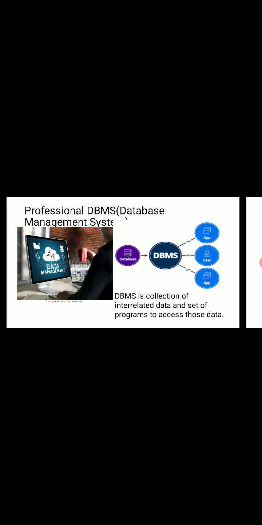Now, what is the problem with file system? Here we can talk about the advantages of professional DBMS systems, or the disadvantages of file systems. We will see that in the next slide. Problem with file system, a very important topic.